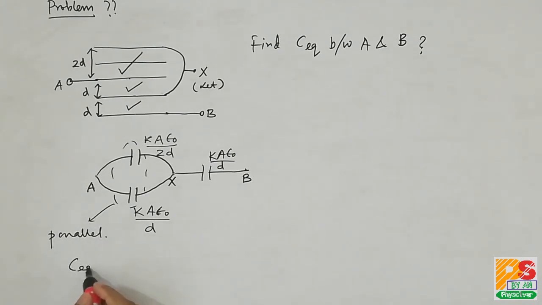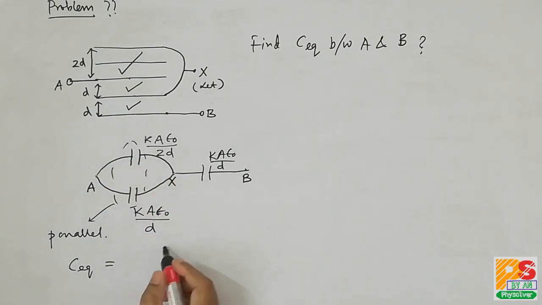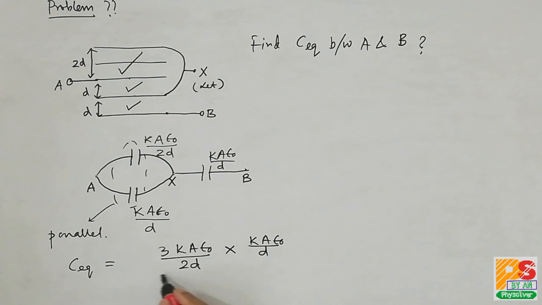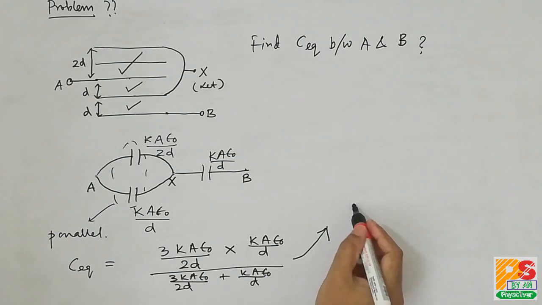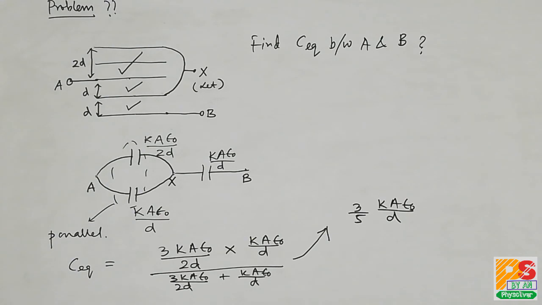The equivalent would be the sum of these two, and then it will be in series with K A epsilon naught by D. So the answer will be 3K A epsilon naught by 2D into K A epsilon naught by D divided by the sum of them. We know in series equivalent capacitance becomes C1 C2 divided by C1 plus C2, and the answer will be 3 by 5 K A epsilon naught by D.